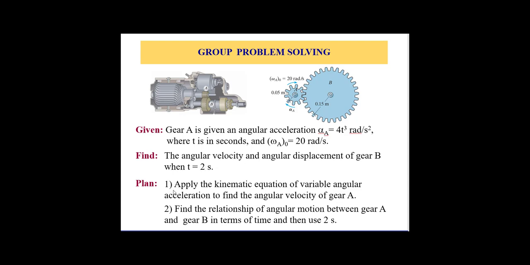The solution is already shown in the PowerPoint presentation, which is attached on Canvas. Please go over it. It requires integration, and also requires knowing the relationship between gear A and B through the tangent acceleration and tangent velocity.